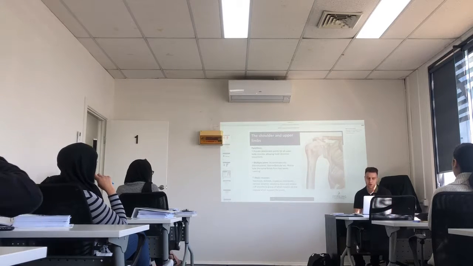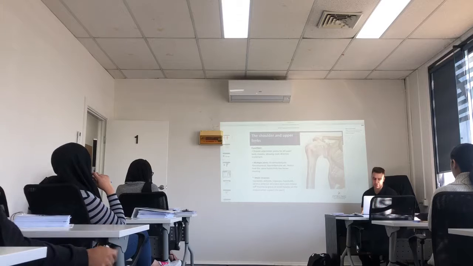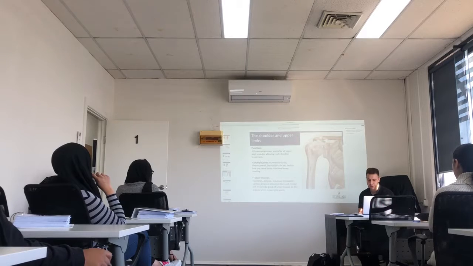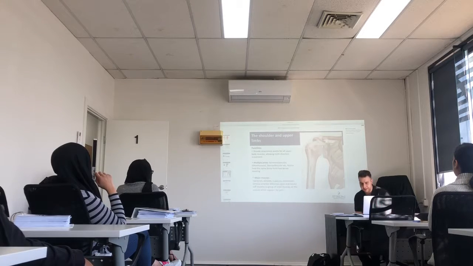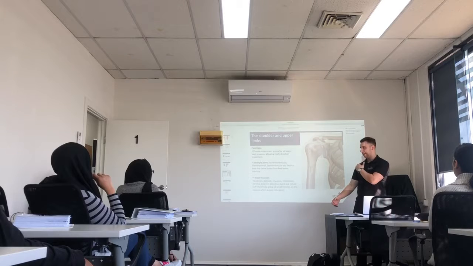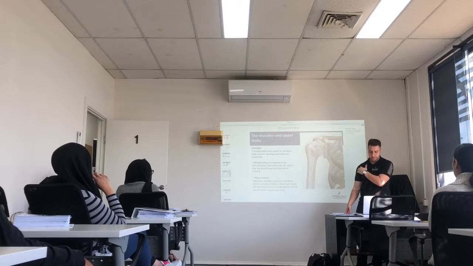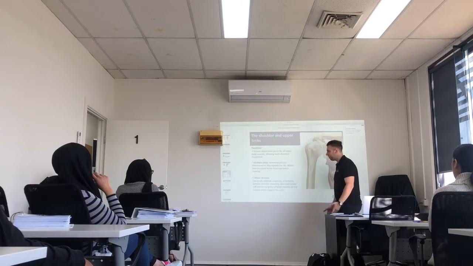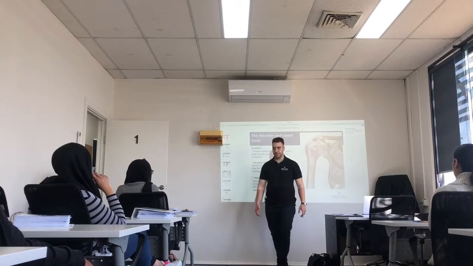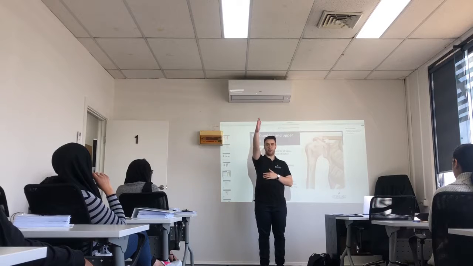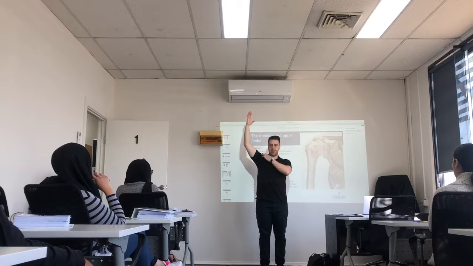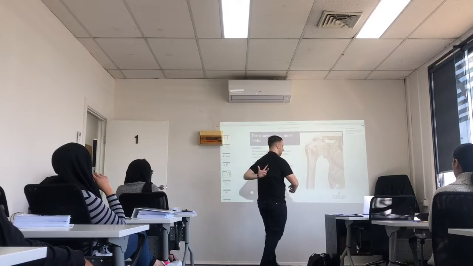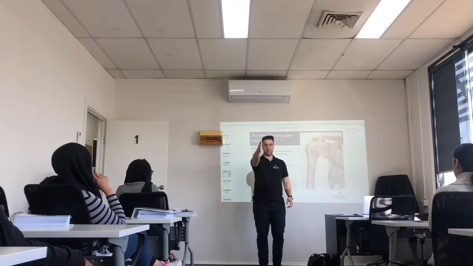So we'll start on the shoulder and upper limbs. The function is to provide attachment points for upper body muscles, allowing multi-direction movement. Different structures that we'll find are glenohumeral joints, which are throughout here as well. The shoulder allows us to do different movements. The different movements will be flexion, so we're going straight up like that. That means our shoulder blades and our scapula are moving into a flexion phase.